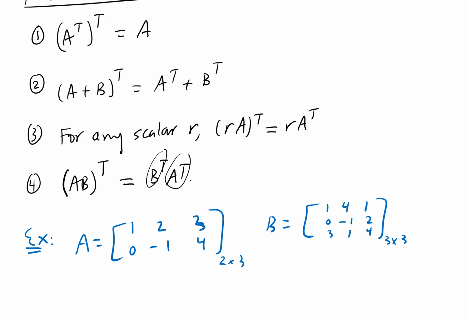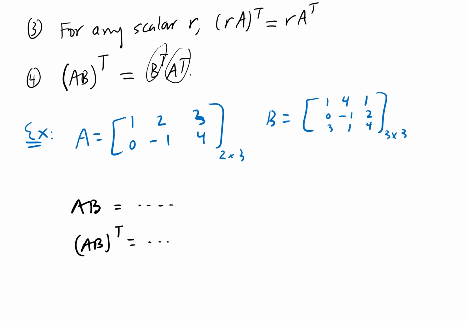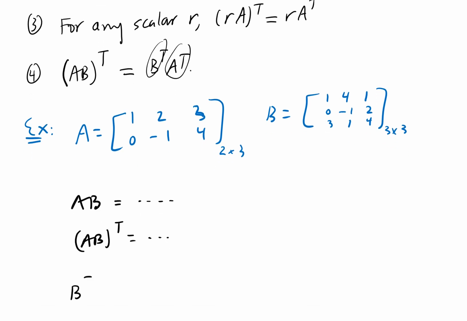If you multiply A by B, you can then find the transpose of the answer. Then compare this with finding B transpose and A transpose, then multiplying B transpose times A transpose. You will see that property 4 will hold.